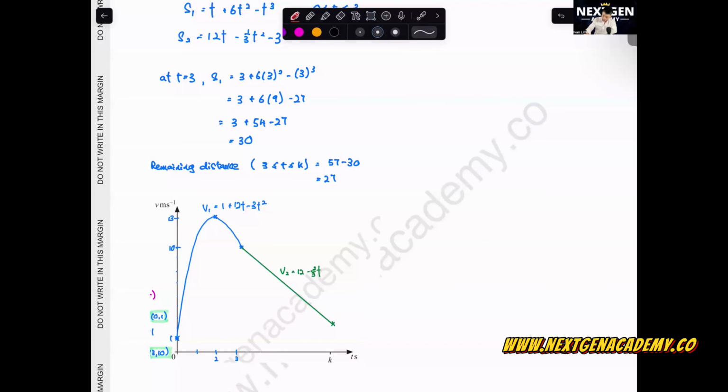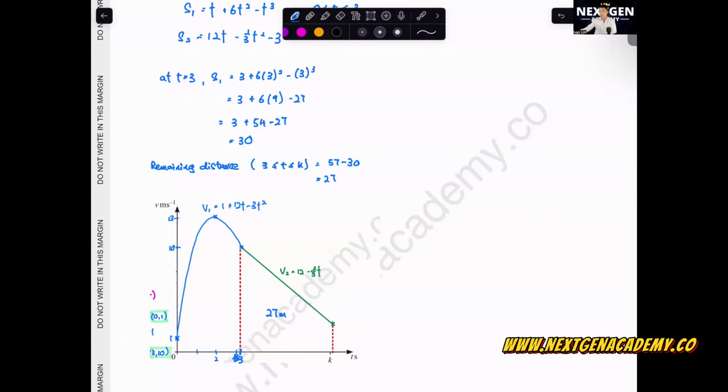Area under the graph, we will get the distance. From here to here. I didn't draw that accurately, so the 3 should be here. This is 27 meters. How to calculate this one? Can do, right?